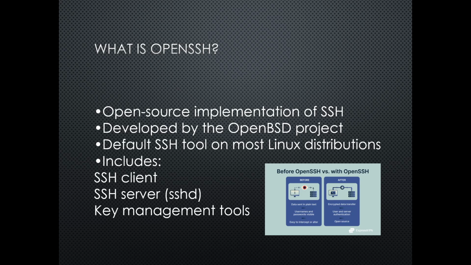The client allows users to connect to remote systems, while the SSH daemon, called SSHD, runs on the server to accept incoming connections. OpenSSH also includes utilities for managing encryption keys.